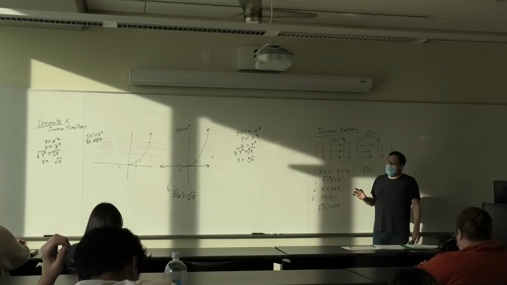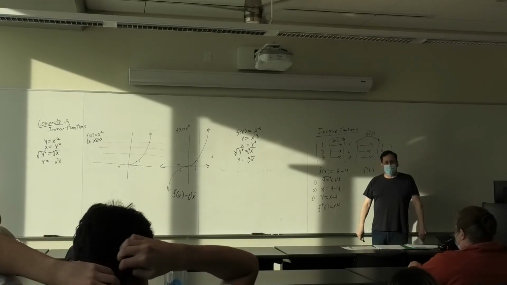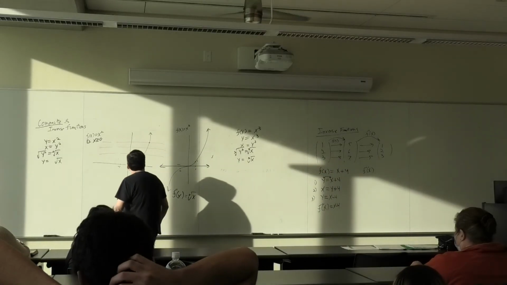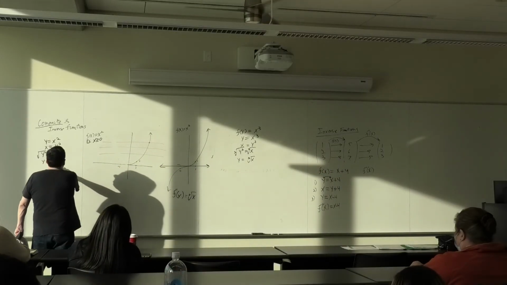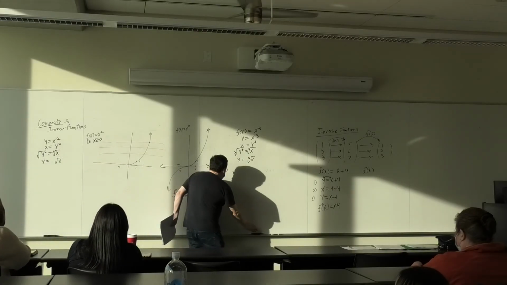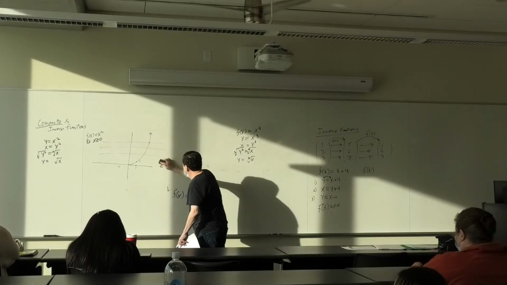There's one more really cool thing about inverse functions. It has to do with graphing. As I said, the inverse function is the square root of x here. Let me show you what that looks like on here.